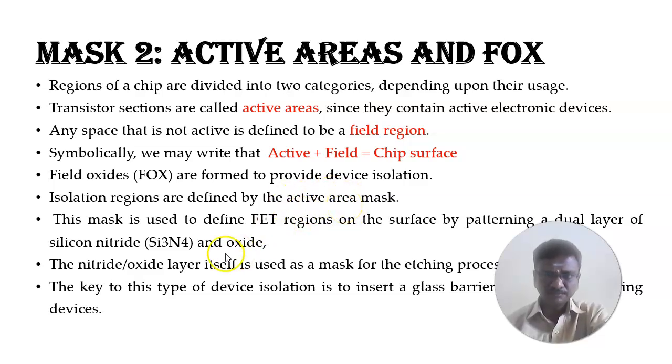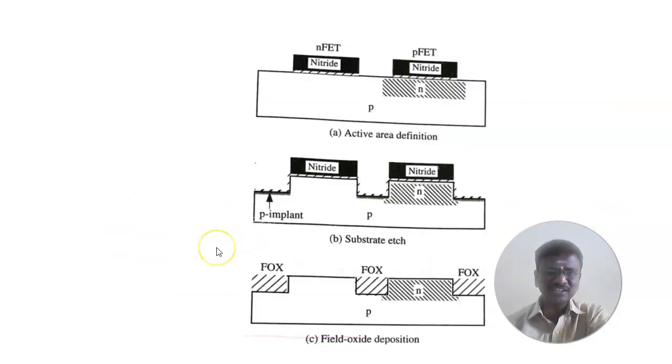This mask is actually used to define the FET areas, that is FET regions on the surface, by patterning a dual layer of silicon nitride. This diagram will explain this. Above that field oxide region, we are giving the silicon nitride surface to provide dual layer isolation.